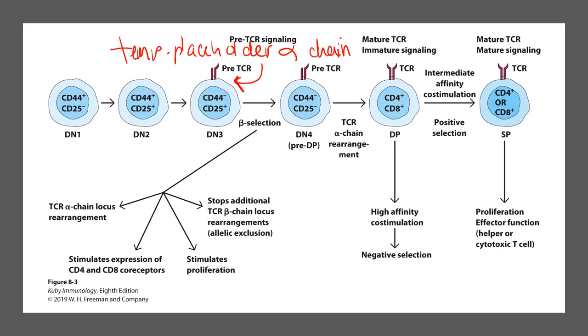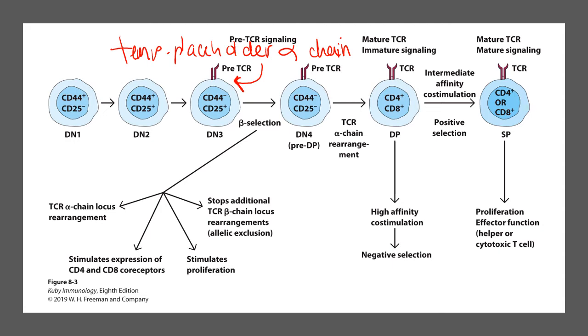If it does receive strong enough binding and you get good signaling through this T cell receptor, that acts as a pro-survival signal, and your cells can then actually start to progress to the next stage of their maturing process, which actually occurs in the medulla of the thymus. So in that particular case, they become tested by negative selection to make sure that they're not binding too strongly to self-peptides and MHC, meaning that they would be autoreactive.